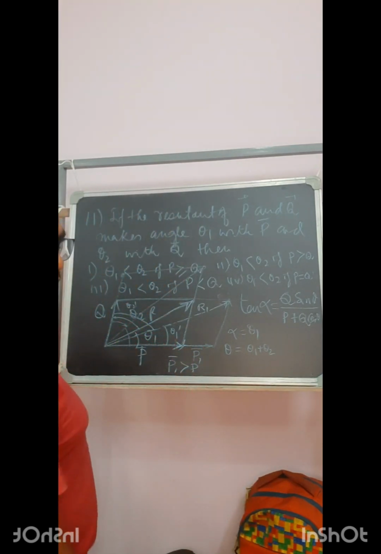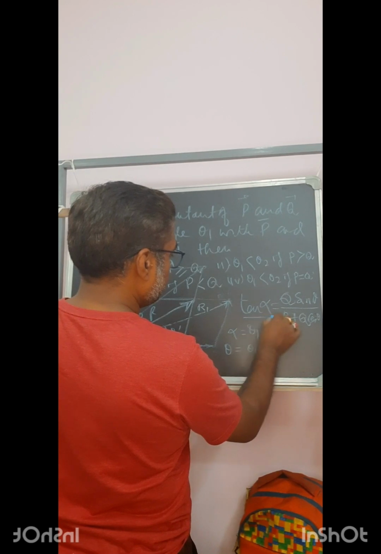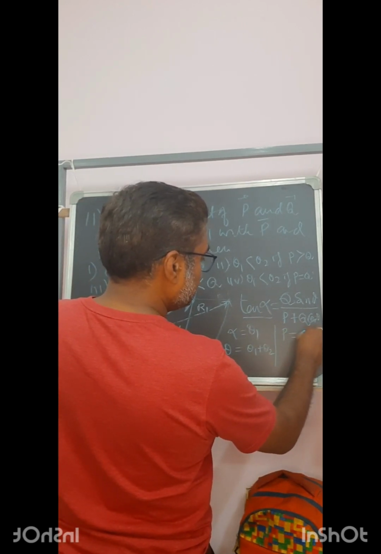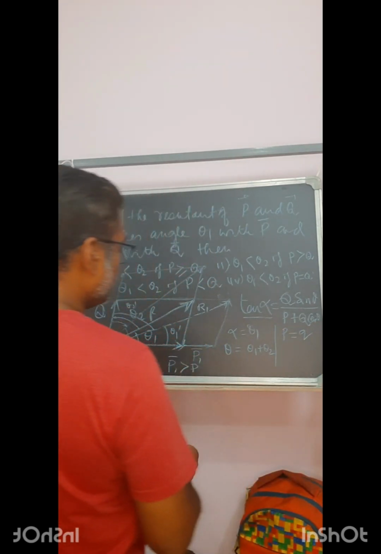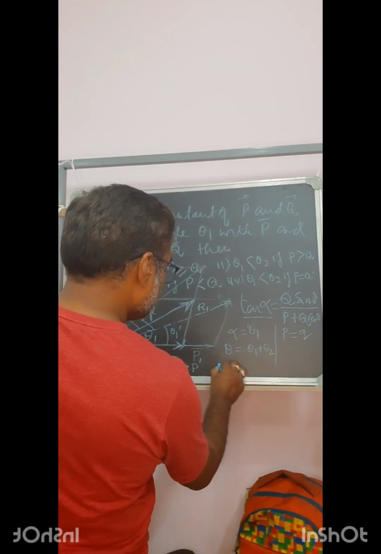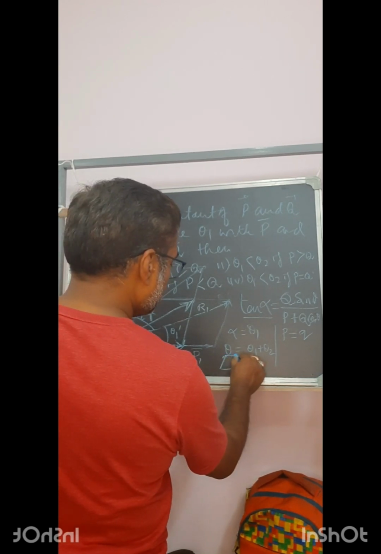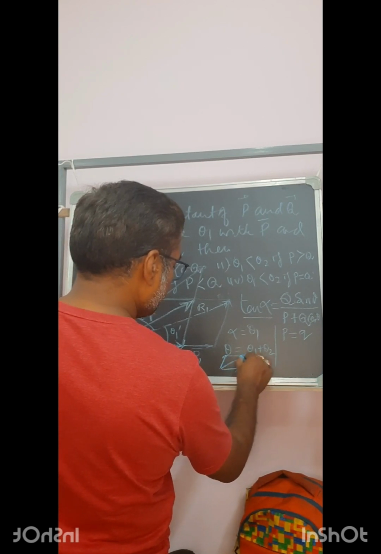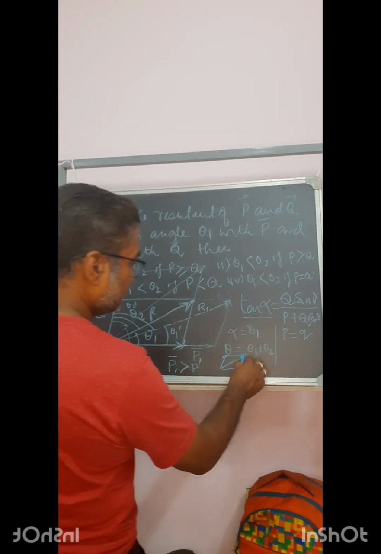Okay, fine. So now I will come to a condition. Say P is equal to Q, one boundary condition I am taking, that means two vectors have the same magnitude. So this will be a parallelogram, but a rhombus kind of parallelogram. This is a limiting condition.